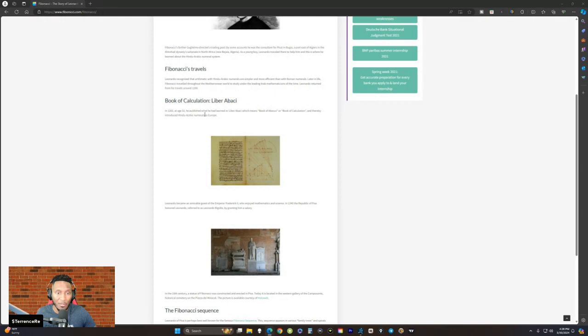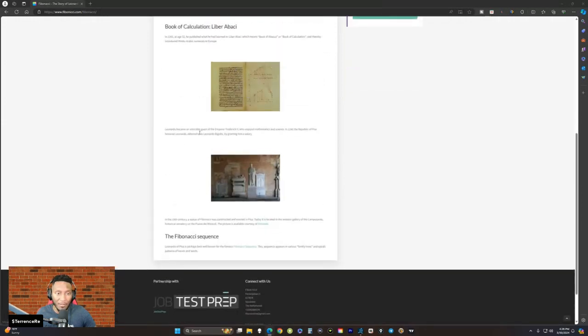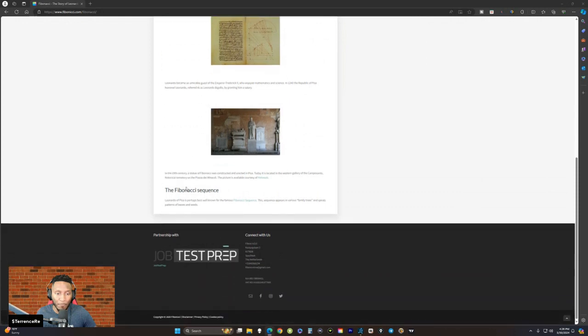It says at age 32, he published what he had learned in Liber Abaci, which means book of abacus or book of calculation, and thereby introduced Hindu-Arabic numerals to Europe. You can see they have some pages there. Now, it says in the 19th century, a statue of Fibonacci was constructed and erected in Pisa.